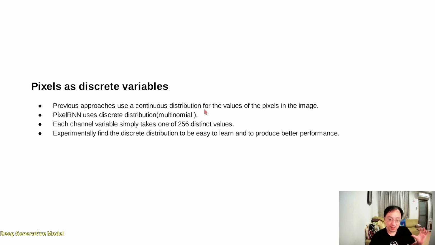It is much more difficult than a discrete distribution like the standard one, the multinomial. Because this is a difficult problem, although the discrete setting is not optimal, it is easier to track. So that may be why PixelCNN is more successful than the previous approaches.